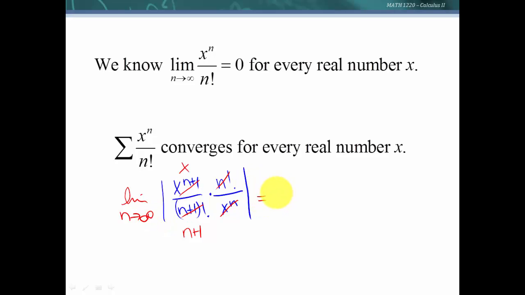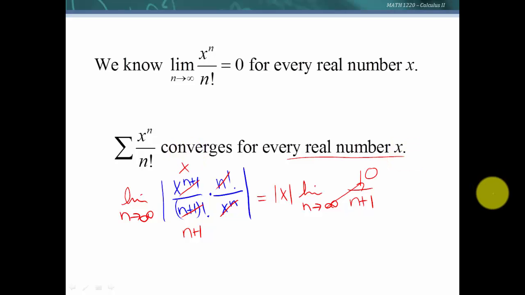And so that would equal, we can take this absolute value of x out in front because that doesn't involve the n, and then we have the limit as n goes to infinity of 1 over n plus 1. For this to converge we know that we need this less than 1, but it is 0, so this goes to 0, and so this converges for every number x.